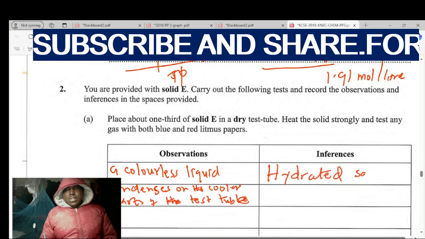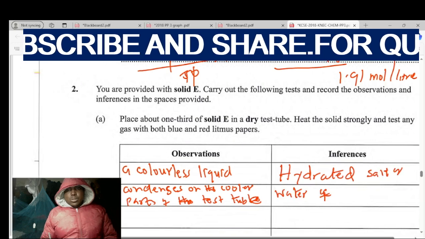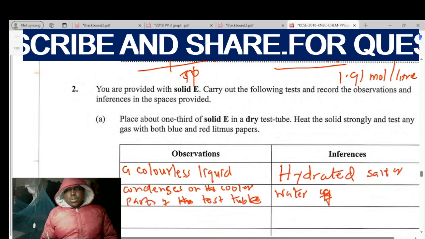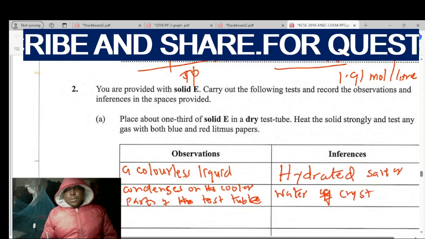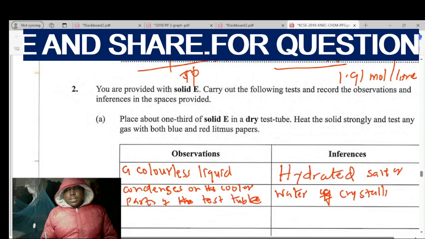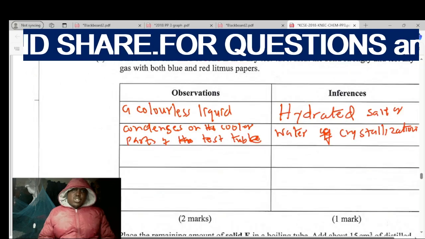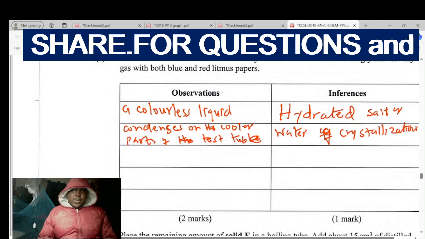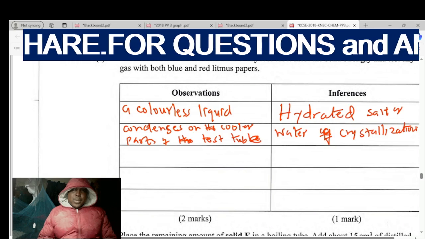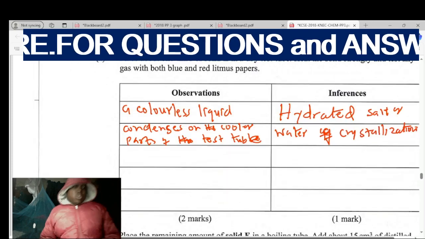That is an observation that comes, by the way, but the major thing we want is to test the gas produced by litmus paper. That's where the main observation is.